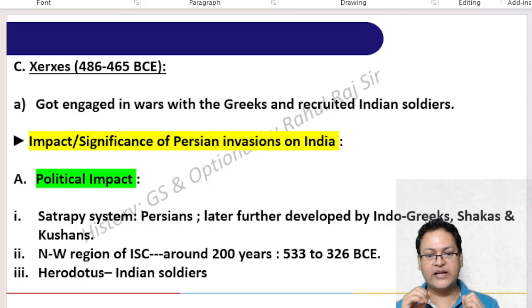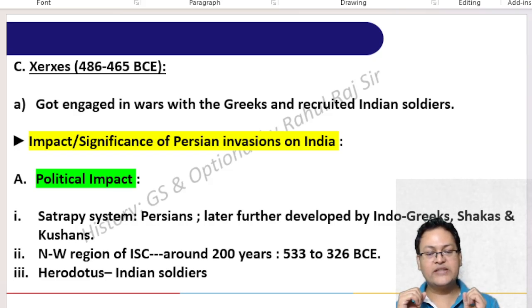Persians introduced the satrapy system, which was further developed by Greeks, Shakas and Kushanas. Then the northwestern region of the Indian subcontinent remained under Persian influence for around 200 years, 533 to 326, when Alexander invaded India. That we'll discuss later in some other topic.